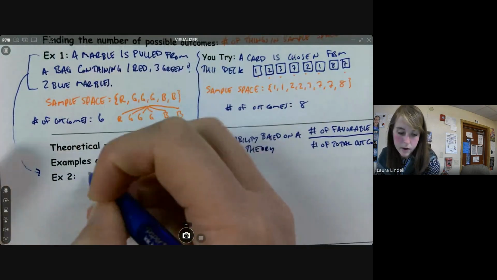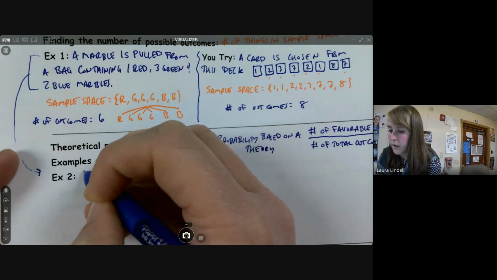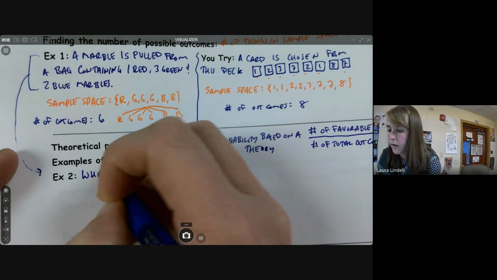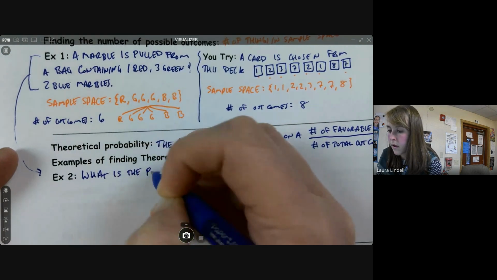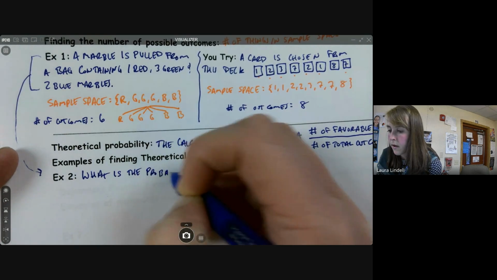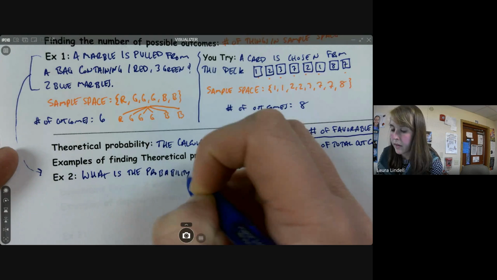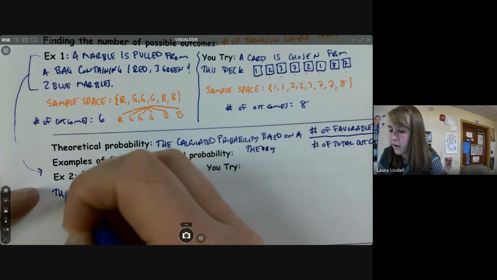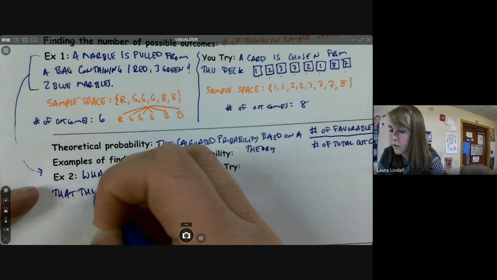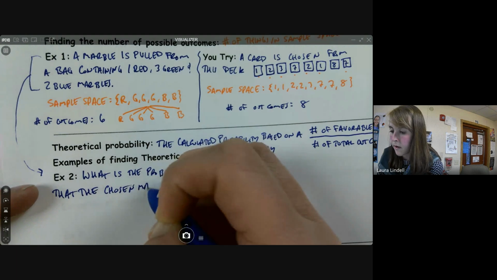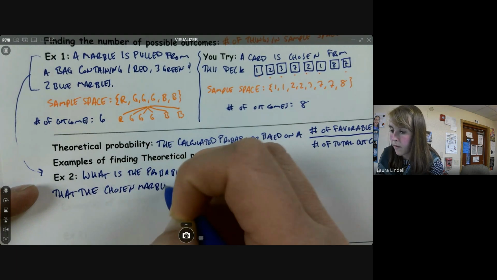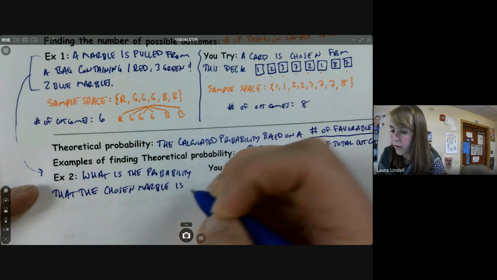And we want to know, what is the probability that the chosen marble is green.